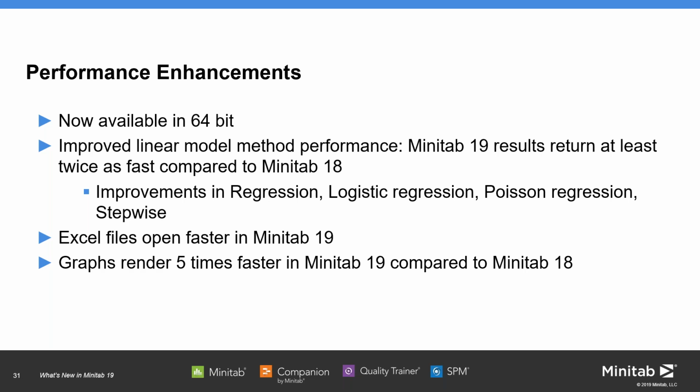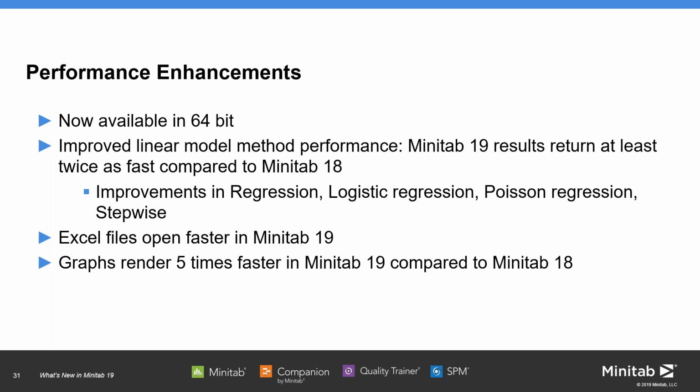Data's coming in faster, so how do you handle those larger amounts of data? Not only for those new tools that we've acquired, but also the tools in Minitab itself. For general linear model and regression, there are probably some of you that have analyzed data where Minitab took a little longer than you would have expected. We now have a 64-bit version, so Minitab is going to be able to use more of the available memory on a PC.